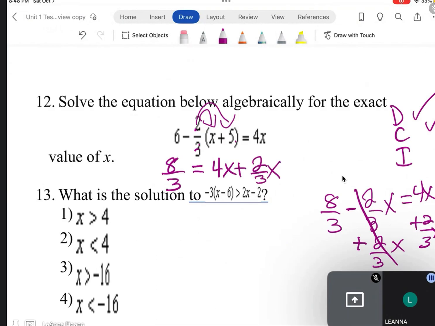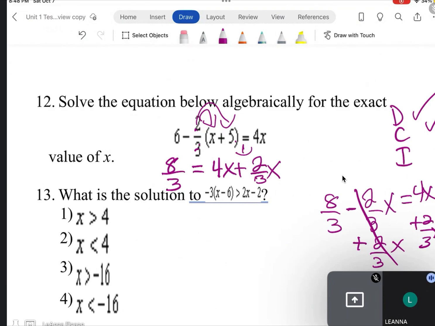Okay, now we still have to combine like terms on this side of the equal sign. And this is a fraction. Remember, we add or subtract the coefficients. So we're going to add the coefficients, and this is a fraction, so we have to turn our other term into a fraction to be able to add it easily.